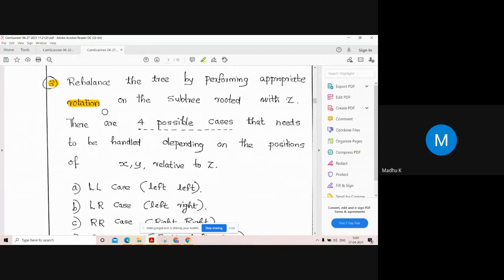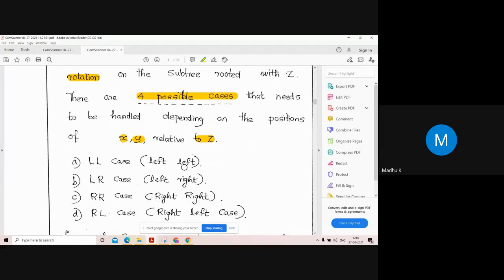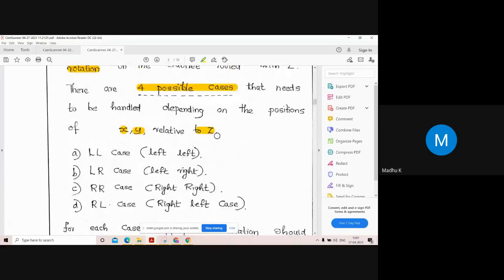Then there are four possible cases that need to be handled, depending on the position of X and Y relative to Z.